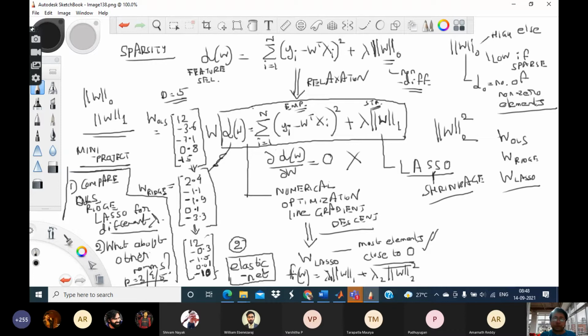Apart from that, there are other norms such as the mixed norms or the grouped sparsity norms. I will send many of those to you. Grouped sparsity is another interesting concept, where among the different attributes you have, you may try to define some groups of attributes. Let me just draw this example.